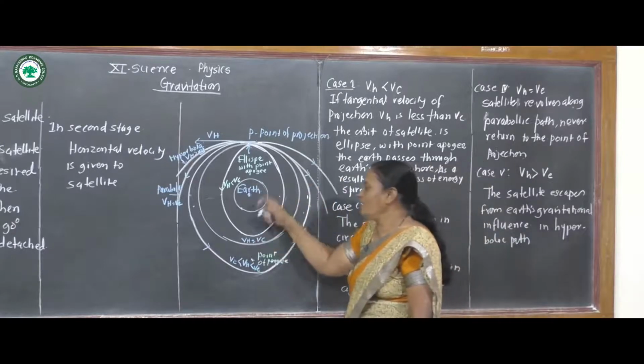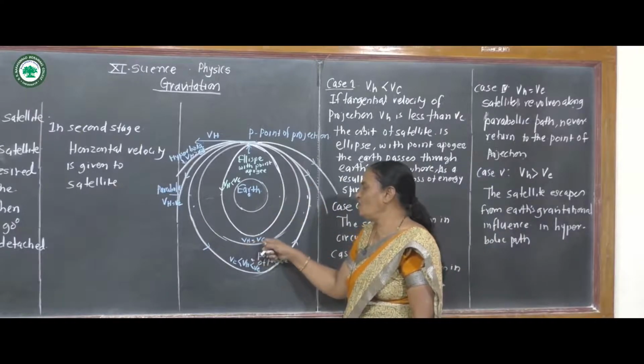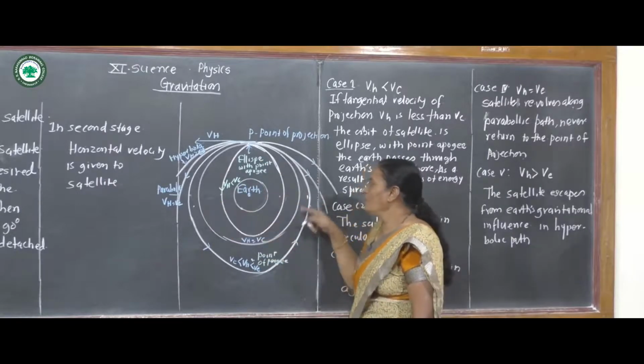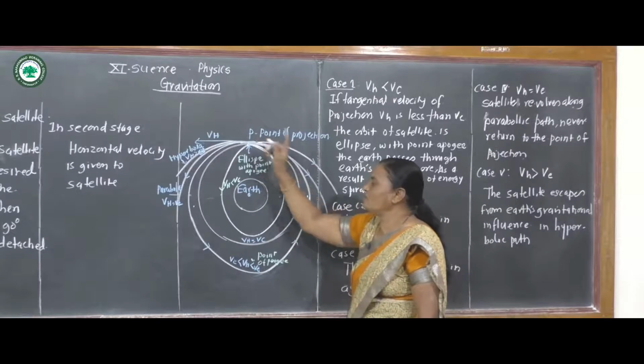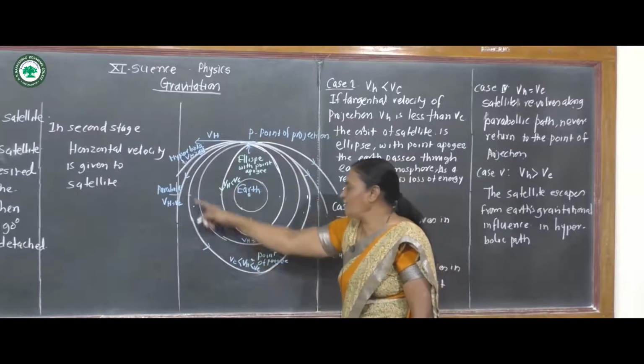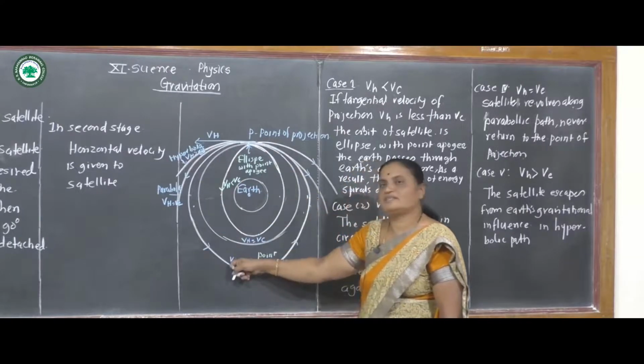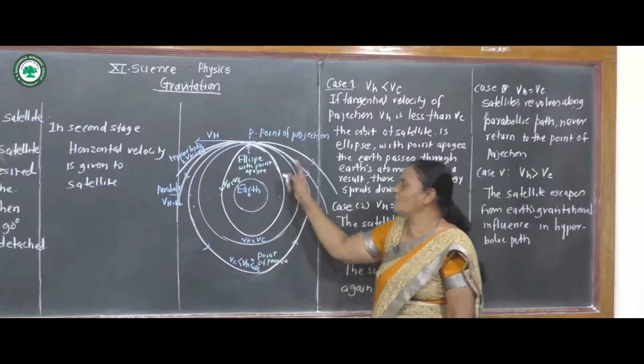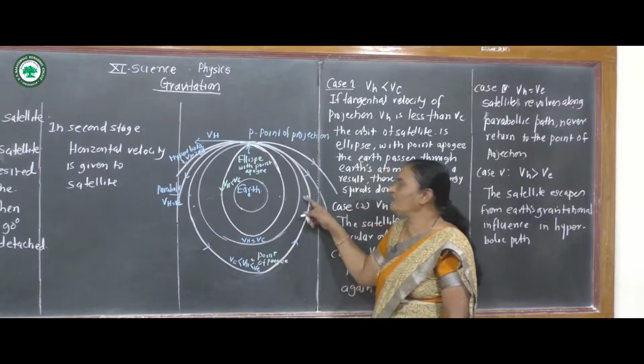Next case, when the horizontal velocity is equal to critical velocity, the satellite revolves in a circular orbit. Then if the velocity of projection is greater than critical velocity but less than escape velocity, it is again an elliptical orbit.